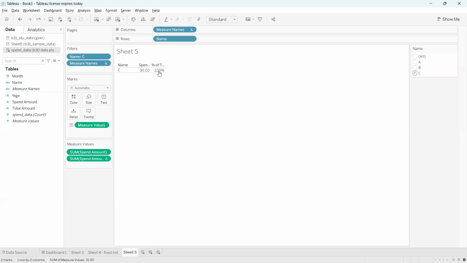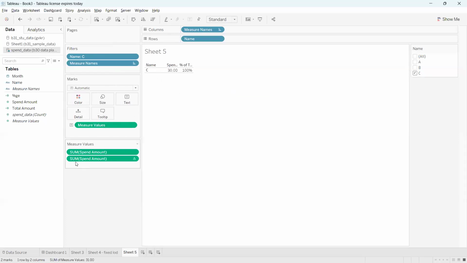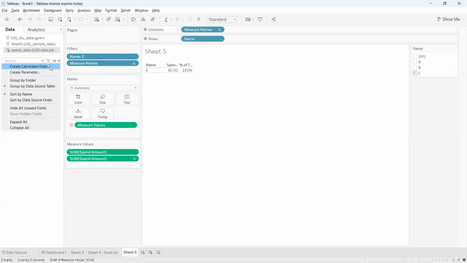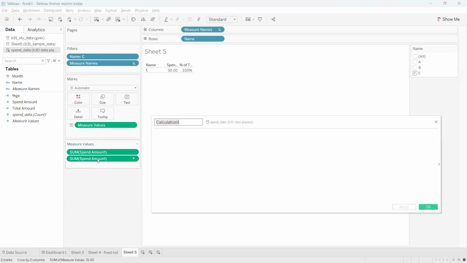If you want to see how Tableau does this percent of total calculation, simply go to the drop down, go to table calculation, and we selected percent of total, right? Open a new calculation here and simply drag this calculation here. Now you see in the back end, Tableau is applying this formula.